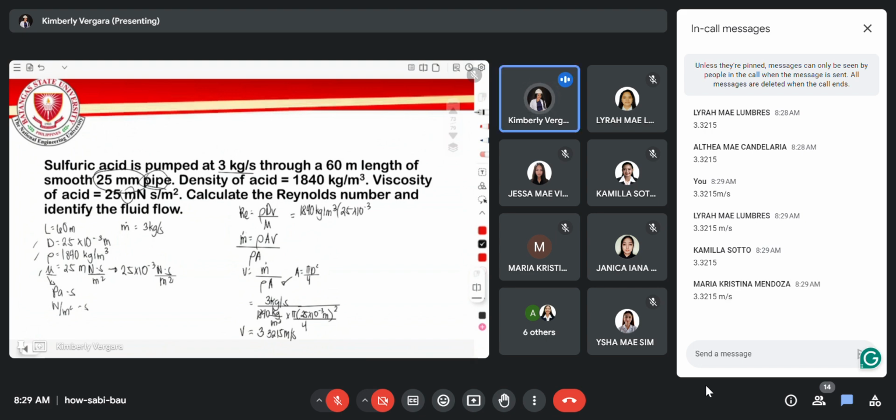So V is equal to 3.3215 meters per second.